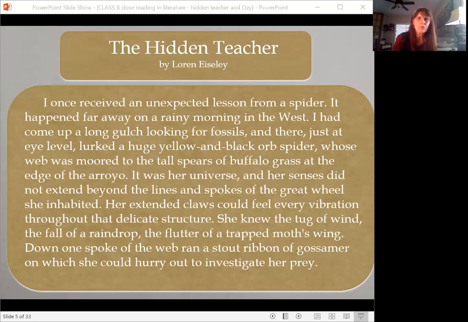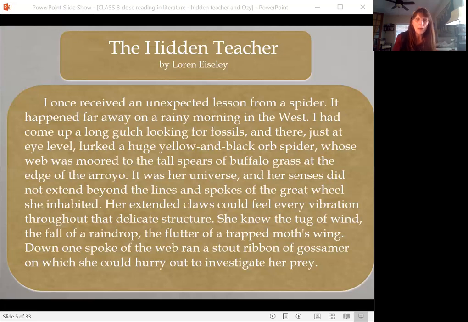She knows the fall of a raindrop, the flutter of a trapped moth's wing. So he's leading us here into the experiences and the life of a spider. These are the things that are in her web, her universe. The trapped moth's wing is what her web will do in order for her to capture food. And she knows those things because they're survivor things.